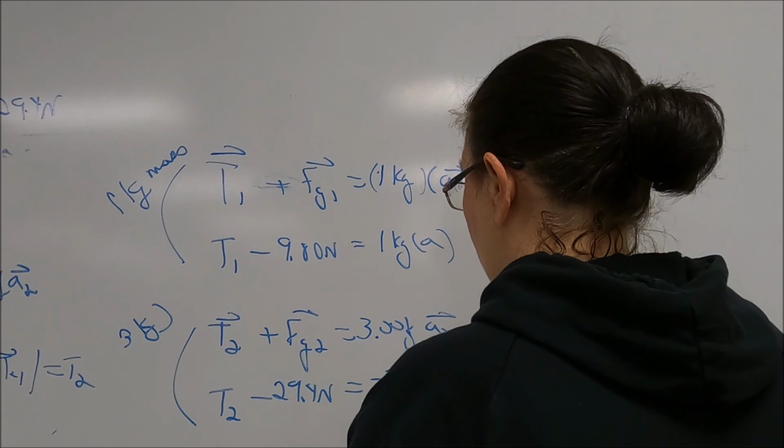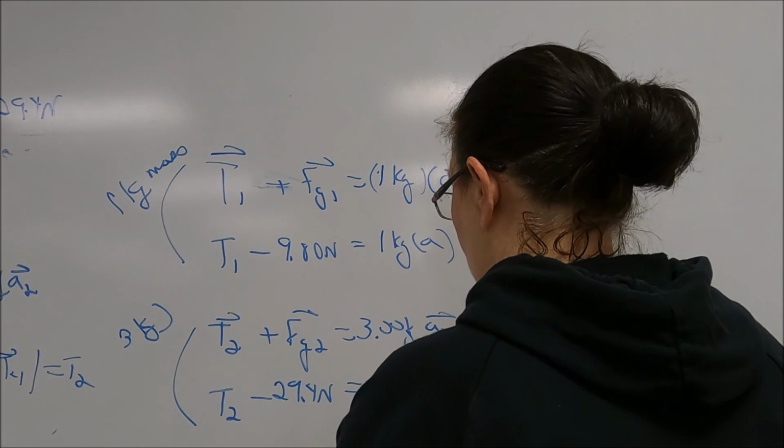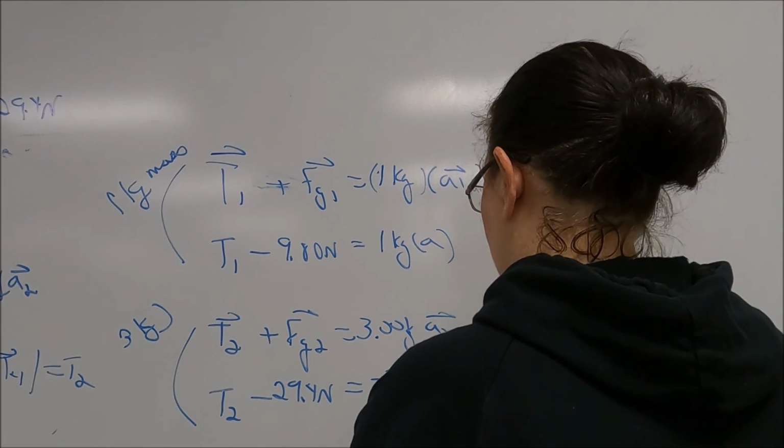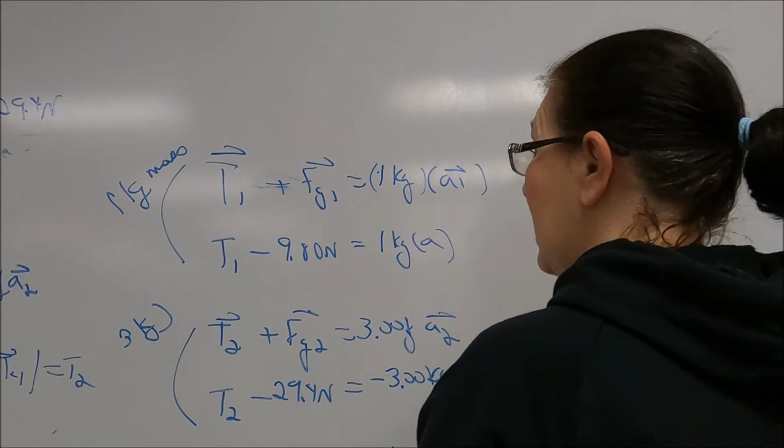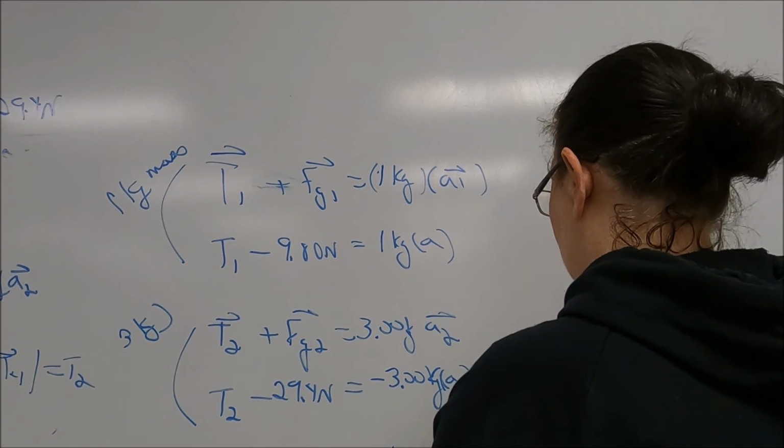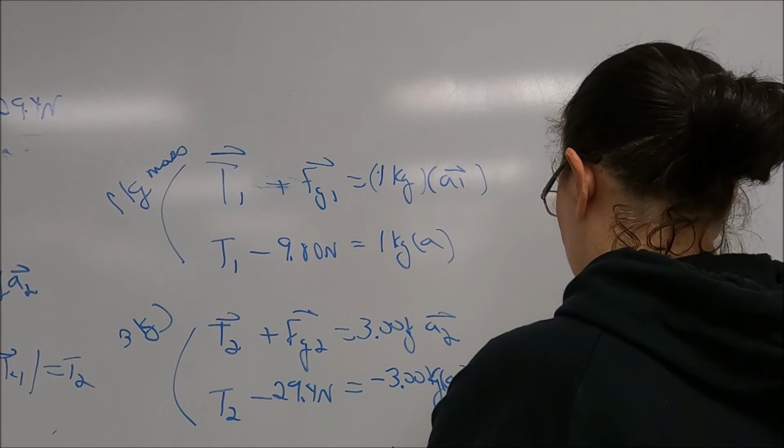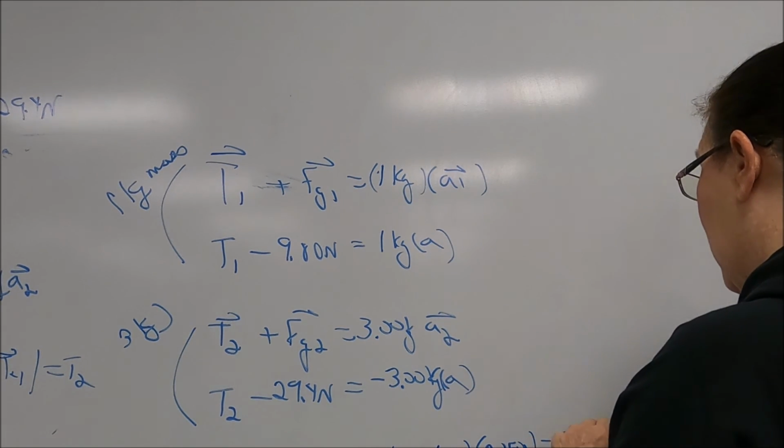From the 3 kilogram side, I'm going to need it to get a negative torque, so I'm going to have minus T4 times 0.250 meters has to equal I alpha.